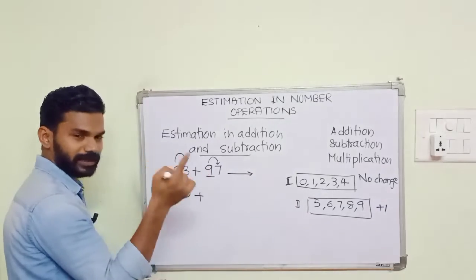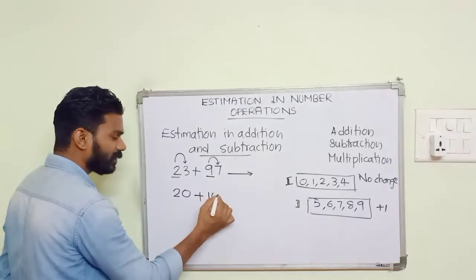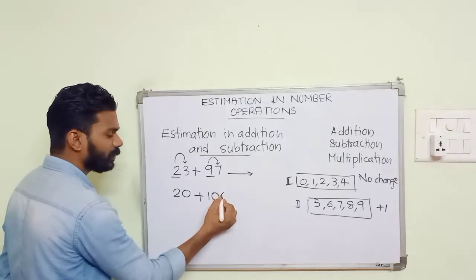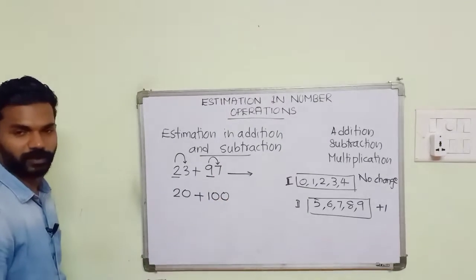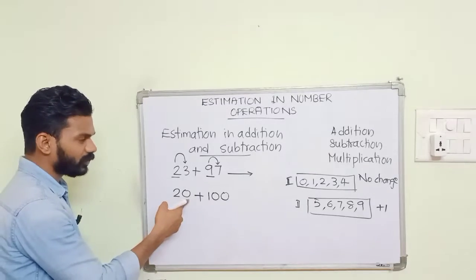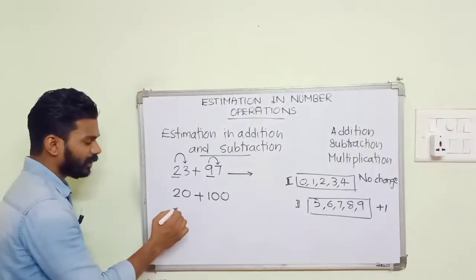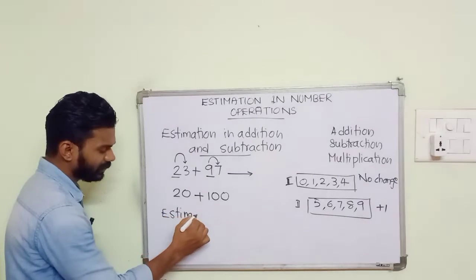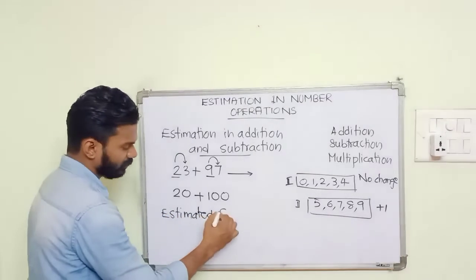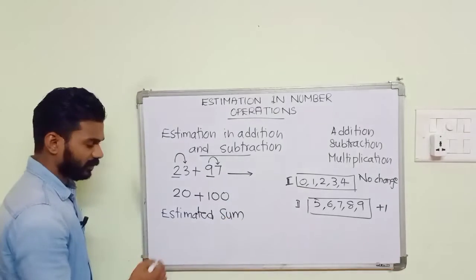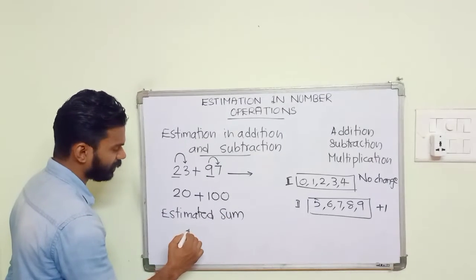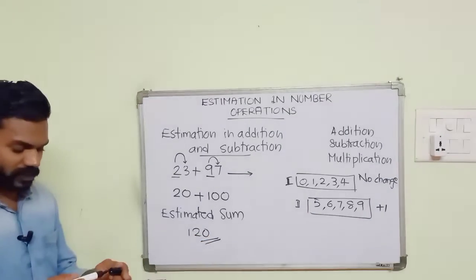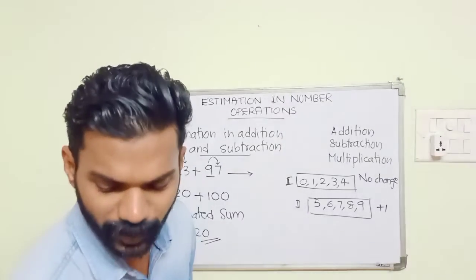When 1 is added to 9, it becomes 10. Thereafter, the 7 is replaced with 0, so it becomes 20 plus 100. Now what will be the estimated sum? The estimated sum will be 20 plus 100, which is 120. So this is how estimation in sum can be done.